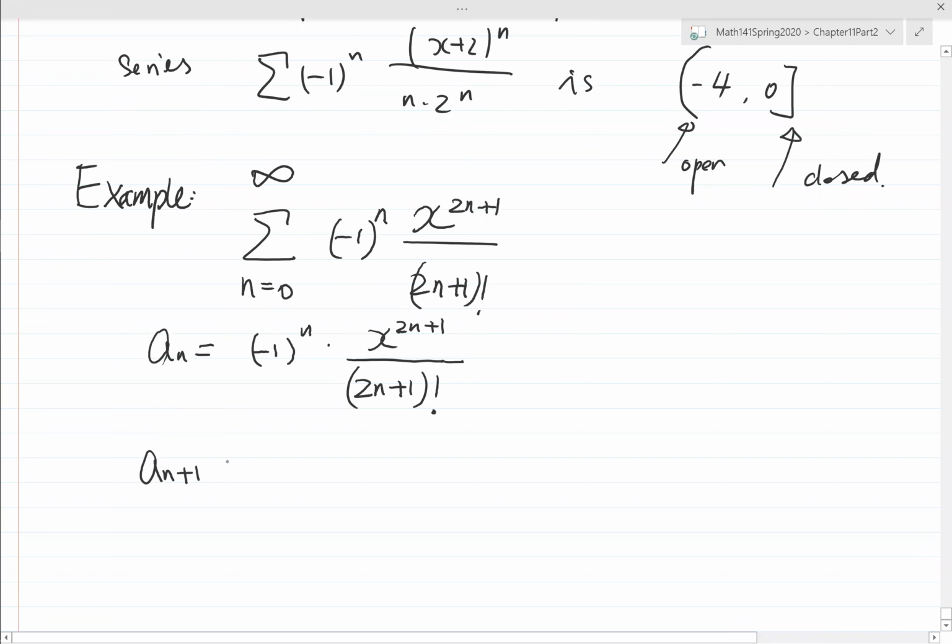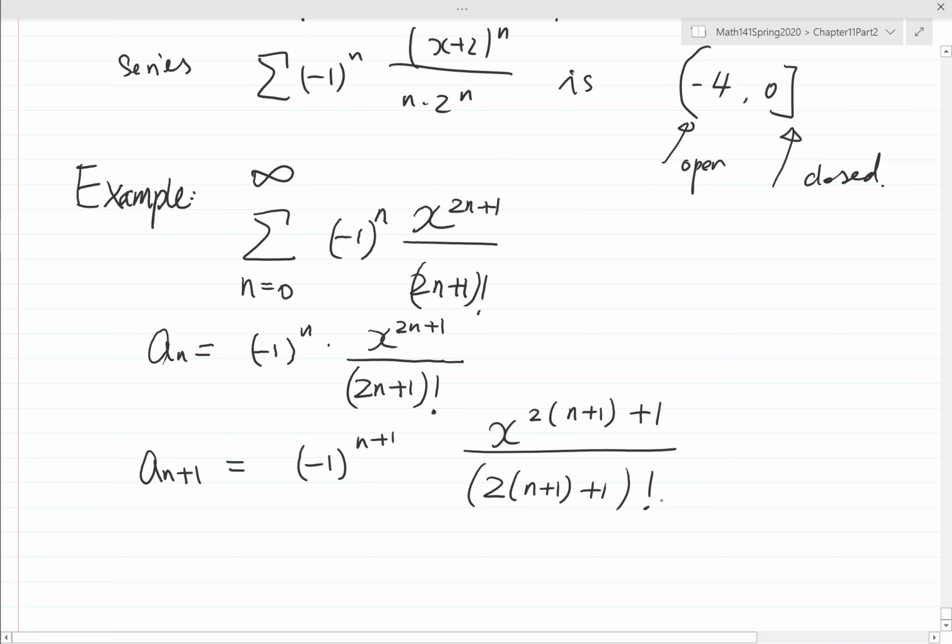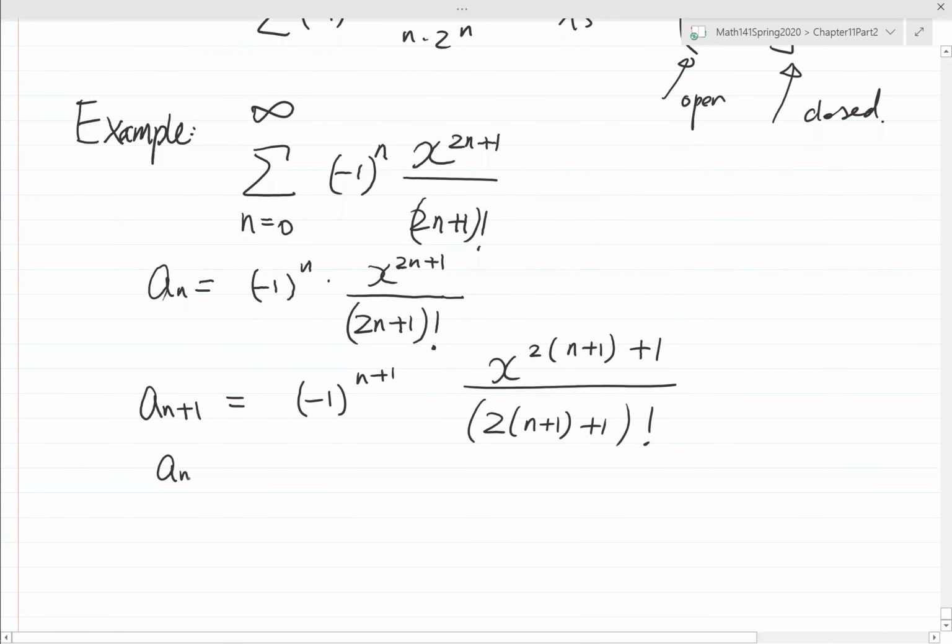Now the next term is found by replacing n by n plus 1. Two times n becomes 2 times (n plus 1), so 2n plus 1 becomes 2(n plus 1) plus 1 factorial. Now you take the ratio a_(n+1) over a_n, absolute value.